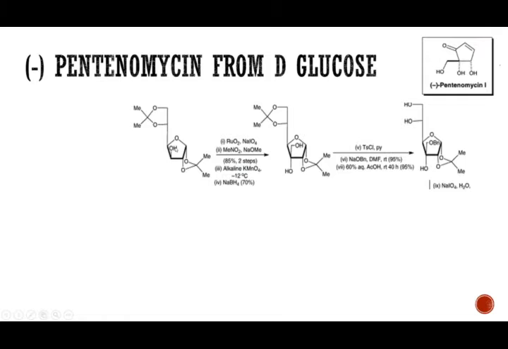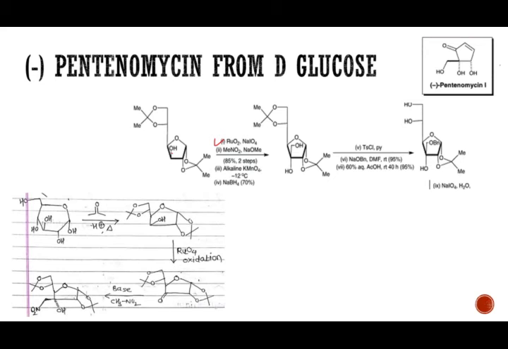This OH is oxidized to ketone in the presence of the first reagent. I have written it down over here: the first step is protection, and then RuO4 oxidation of this OH group to the keto group.